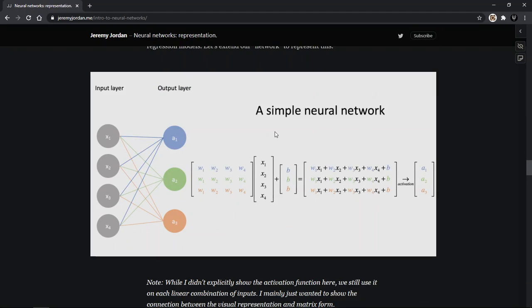See, any neural network for that matter will have this. W1, w2, w3 is our weight matrix. These blue lines represent the connection to the blue node, green lines to the green node, and orange lines to the orange node.